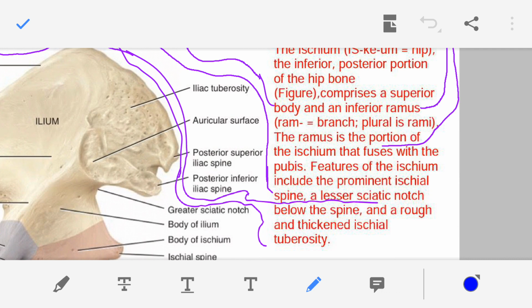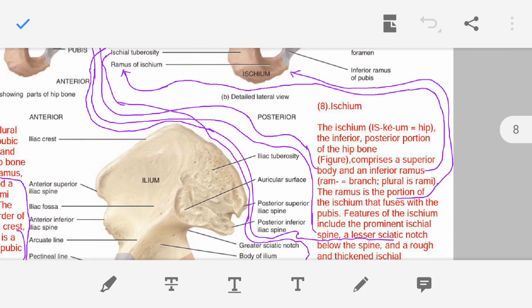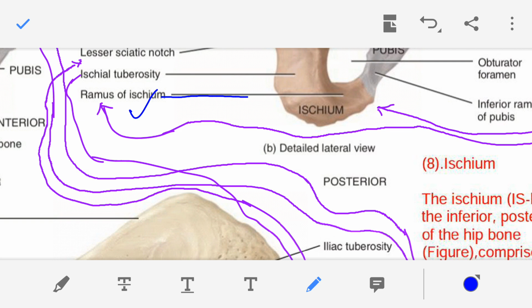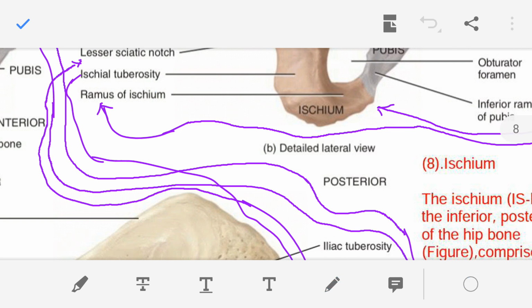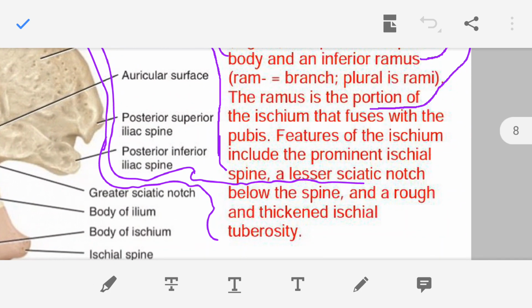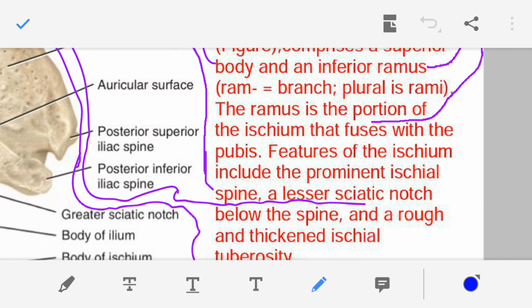And the inferior ramus. So I am showing you the inferior ramus. This part, inferior ramus. The ramus is the portion of the ischium, and it fuses with the pubis.